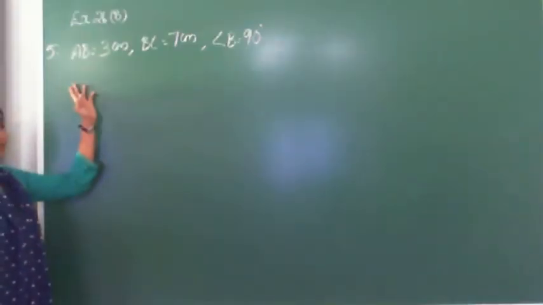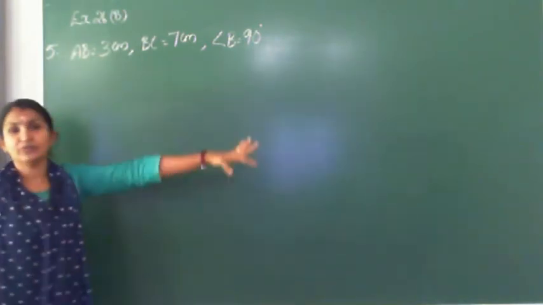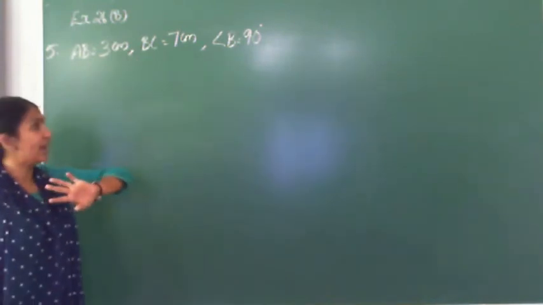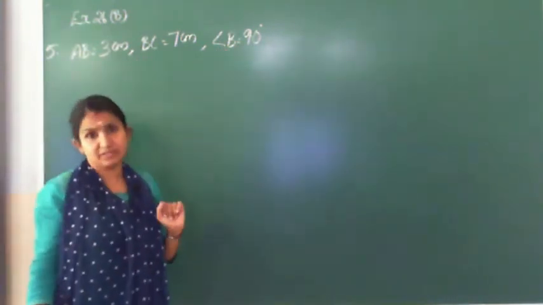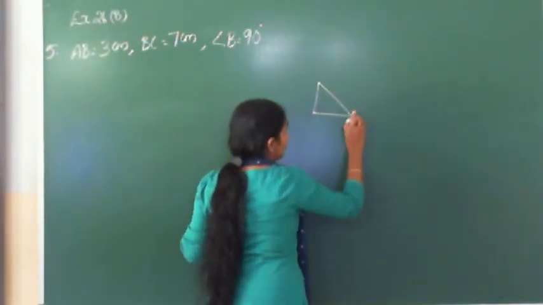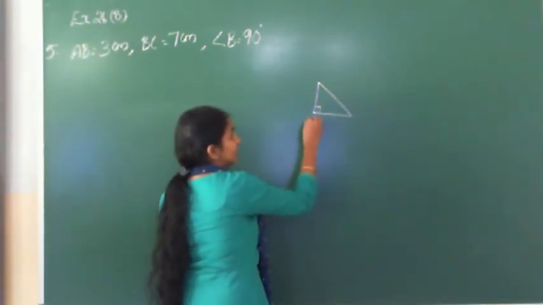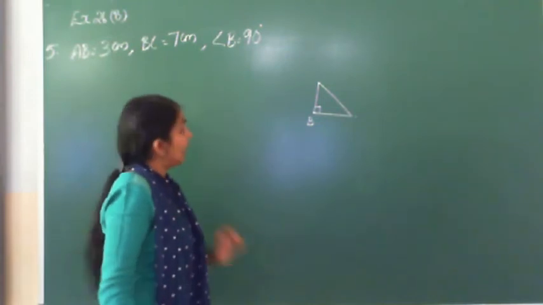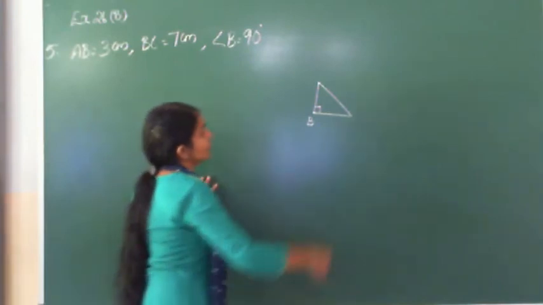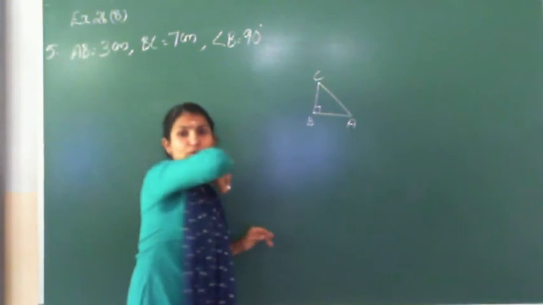Next one is question number 5. Here two sides and one angle are given. First we have to draw the rough figure. ABC is a triangle and angle B is equal to 90 degree. So angle B is 90 degree. The other two, it's up to you, A or C. I wrote like this.